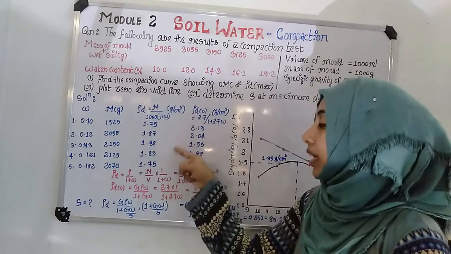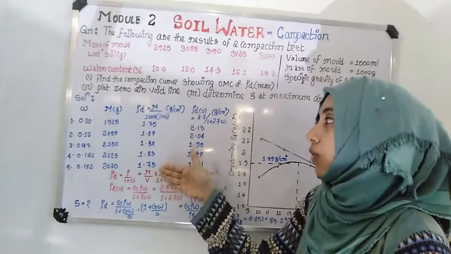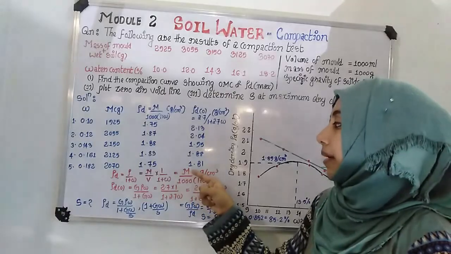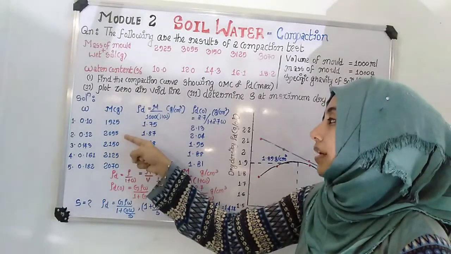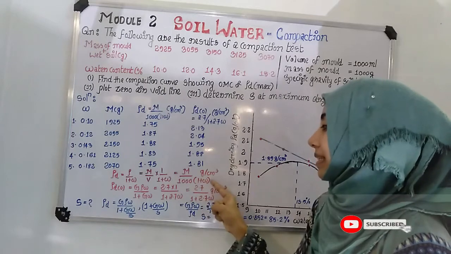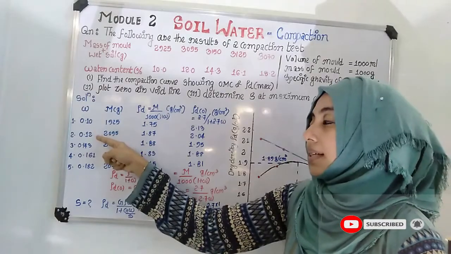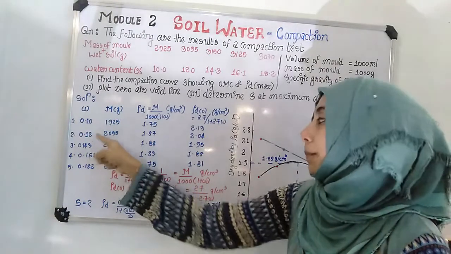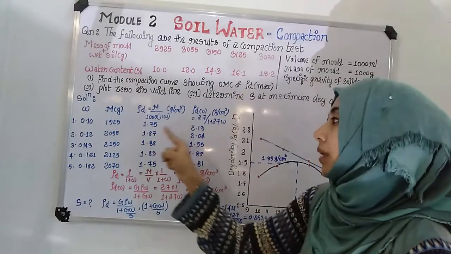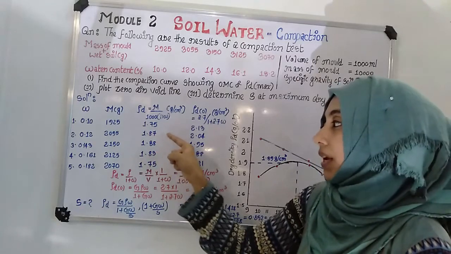By substituting in this equation, we obtain the dry density values. For example, M equals 2095 divided by 1000 into 1 plus W. Here the water content is 12%, so we substitute 0.12. We obtain a dry density of 1.87.